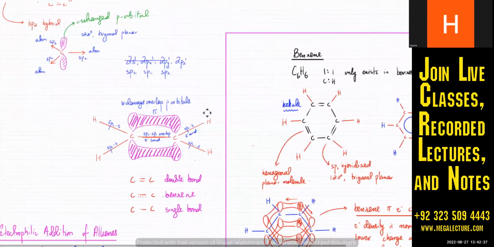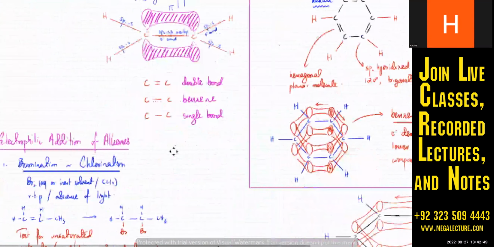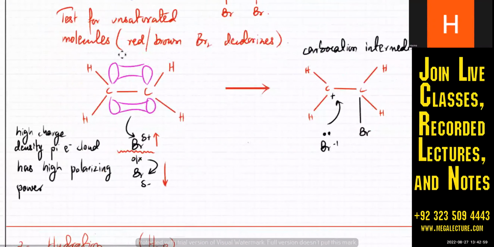So that's your pi bond, and the pi bond is a very high charge density electron cloud. There's a lot of negative charge over here, because there's a lot of strong overlapping that's happening. So alkenes have all these reactions, which are known as electrophilic addition reactions. What happens is that alkenes have a very high charge density. This double bond, this pi electron cloud, is really high charge density, very concentrated electrons over here.